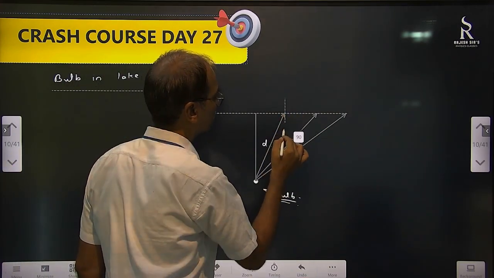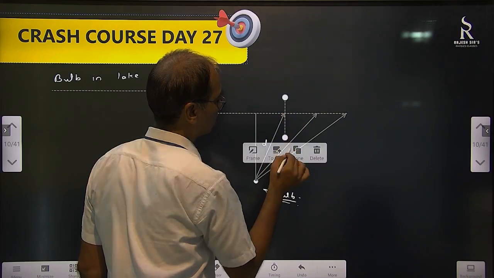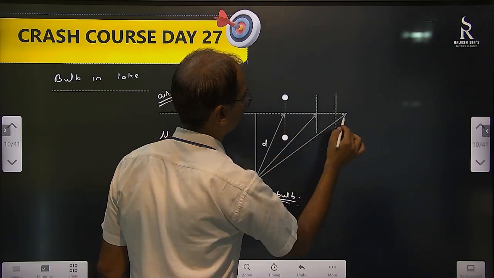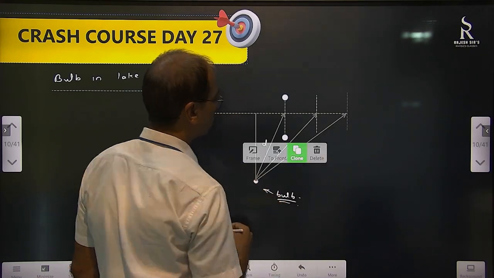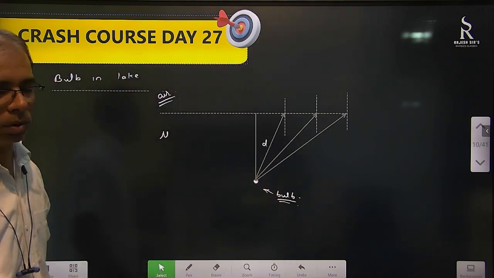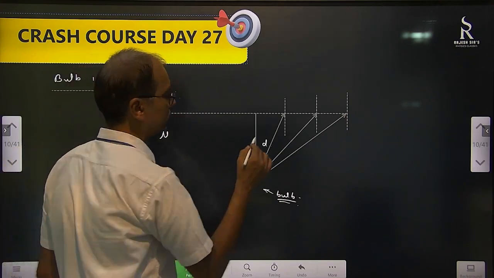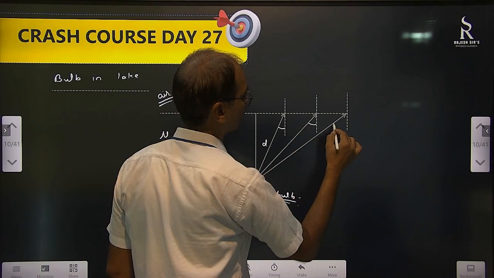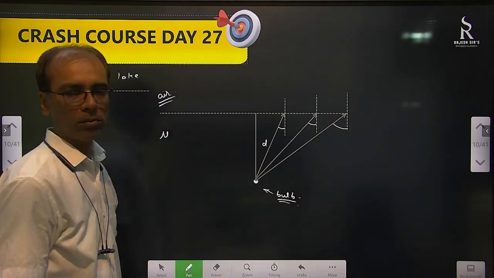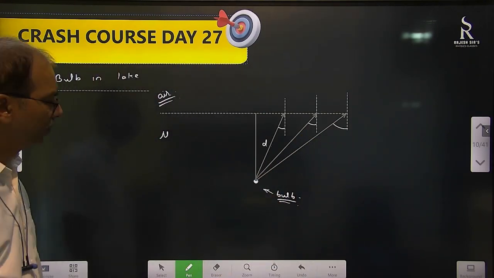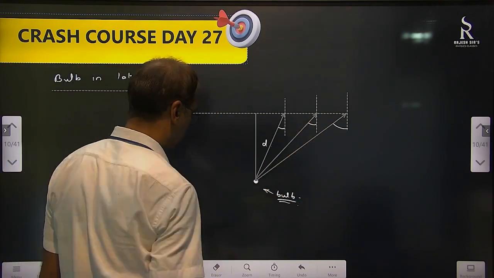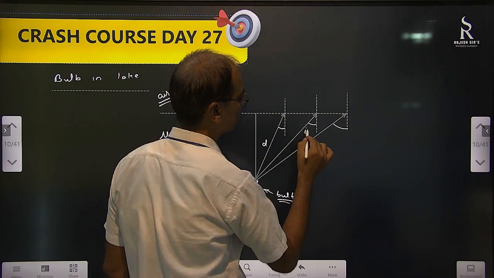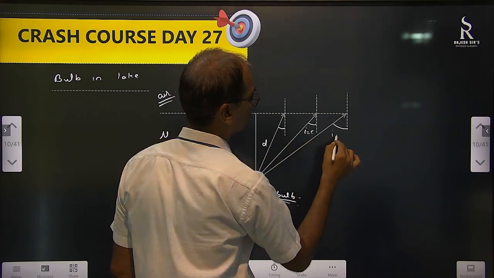Here is also a normal, here also normal you take. Now, in the three cases the angle of incidence is continuously increasing. This angle is smaller, this angle is more, this angle is the maximum. So if I assume that here total internal reflection is happening, this is critical and this is more than critical.